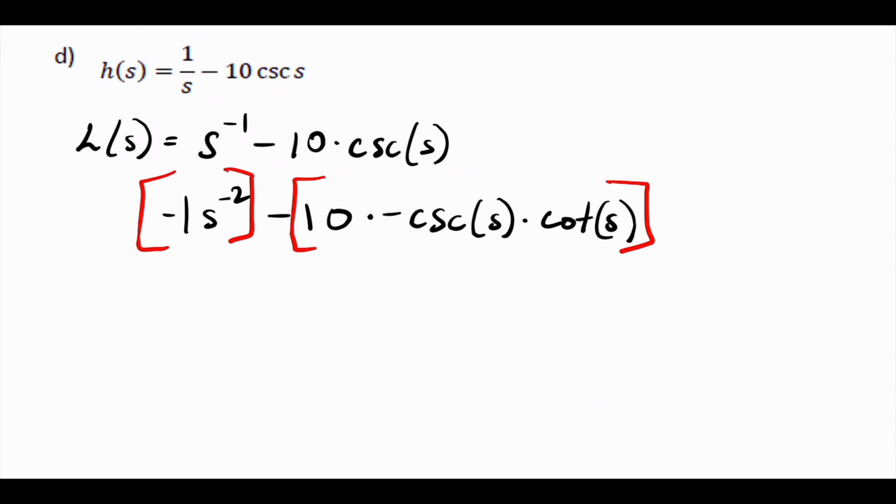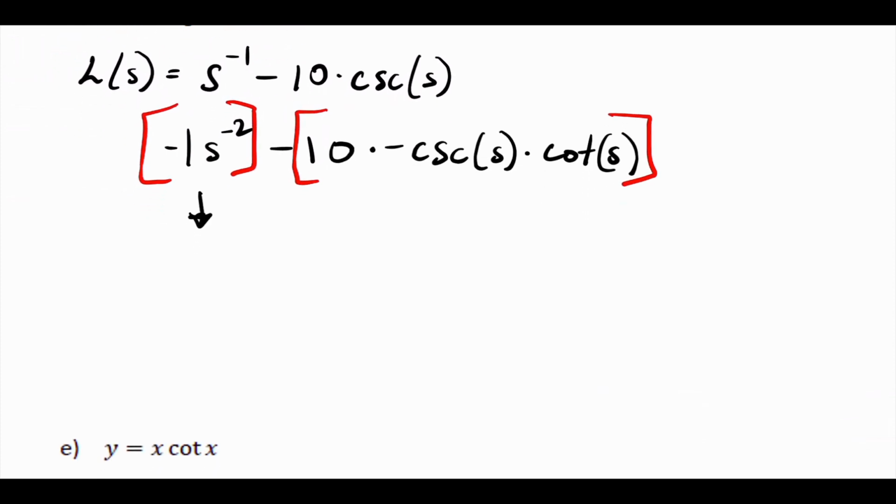The first thing I need to do is this guy here, I got to get rid of the negative exponent. So I have negative 1 over s squared. Move that to the bottom. Minus this guy over here. I have a 10 and I have a negative 1, so when I multiply those I'm going to get negative 10.